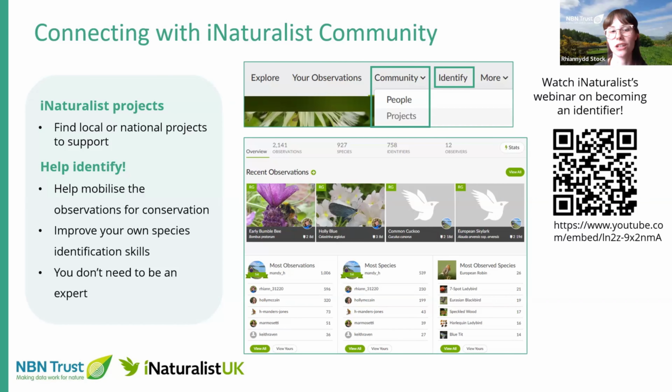They set up things like a BioBlitz, which you may have heard of, where for a set period of time you go to a place and record everything you can. It's a nice way to collate those records and see the impact. And as I've touched on, other people can identify your observations and help you improve the quality or confidence in them.